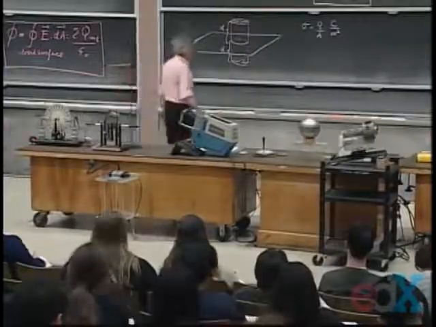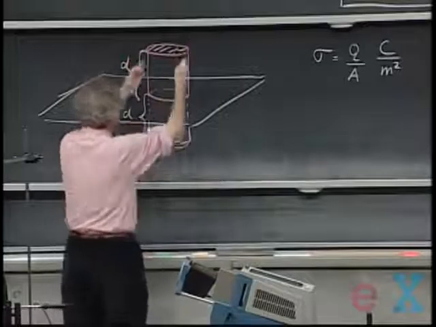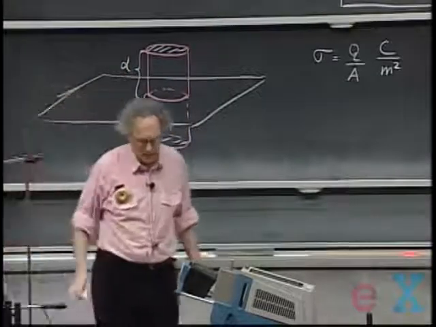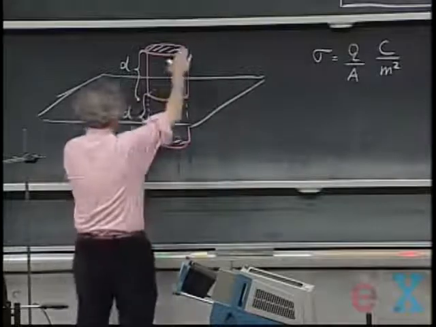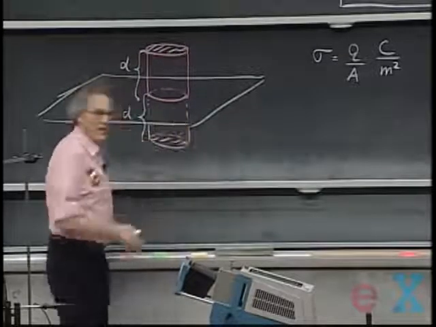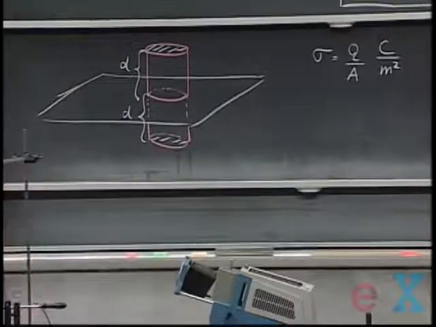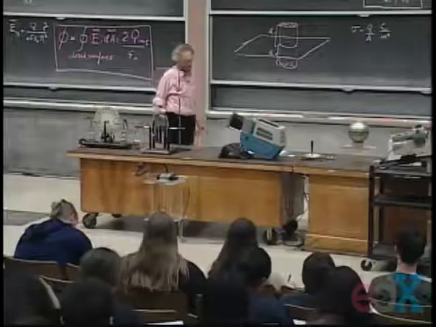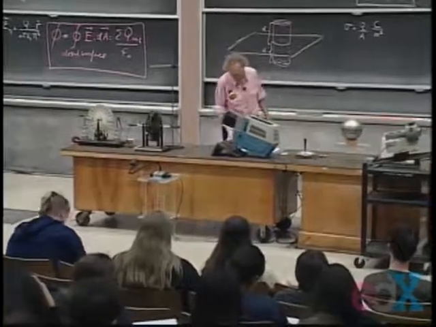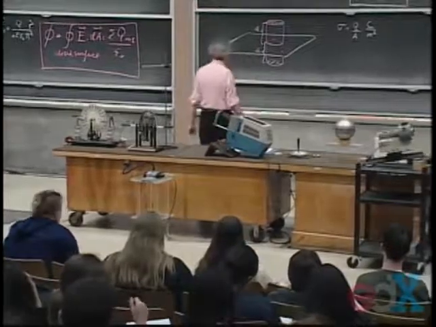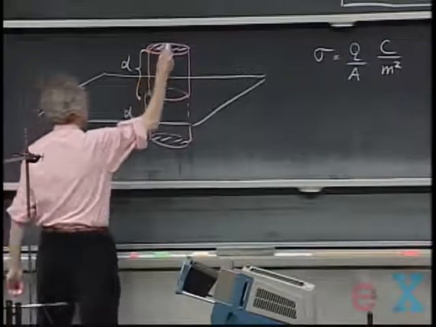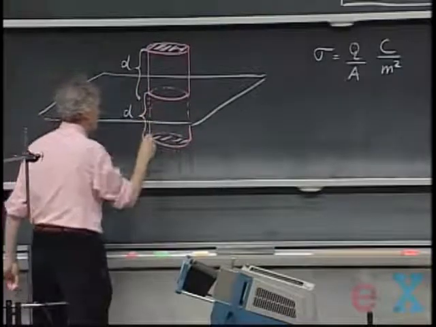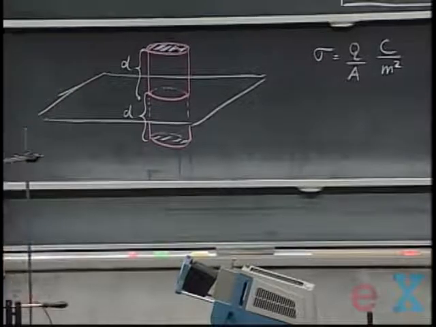The second one is that these vertical walls that you have here are indeed perpendicular to that plane. In other words, these are parallel, and these are exactly vertical. If you don't make them vertical, you're dead in the water. You can't use Gauss' law very effectively. And then the third argument, which is very important, is that this flat surface is a distance d above the plane, and that this flat surface is exactly the same distance below the plane.